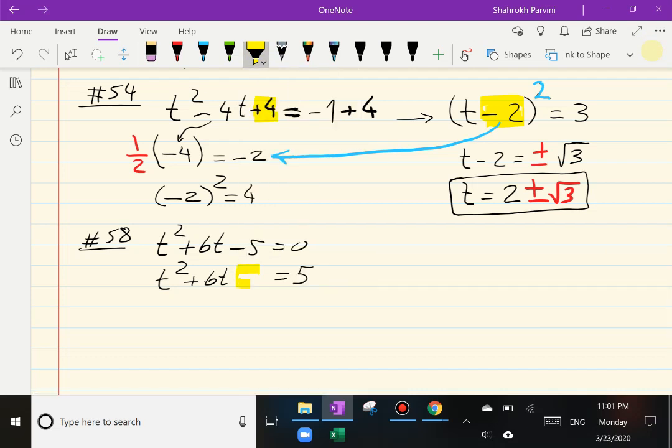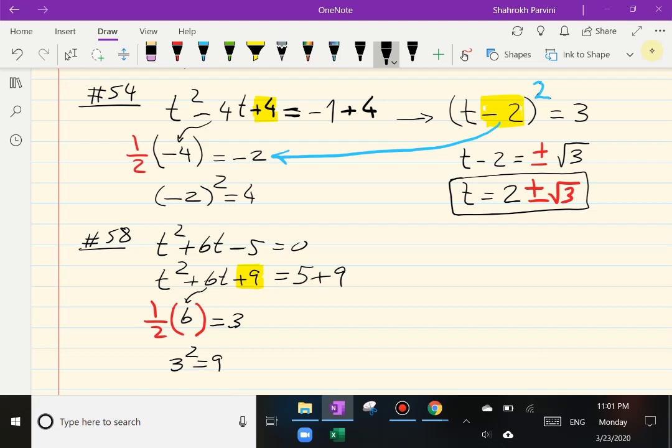So, right in here, what we need to add is, again, half of 6, right? And then we actually come up with 3. Remember that number? That goes here. Half of that. But then don't forget to square it, right? So we're going to go 3 squared, and that's 9. So we're going to add 9 to both sides.